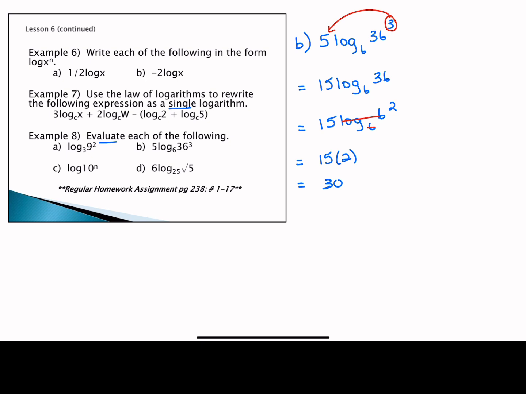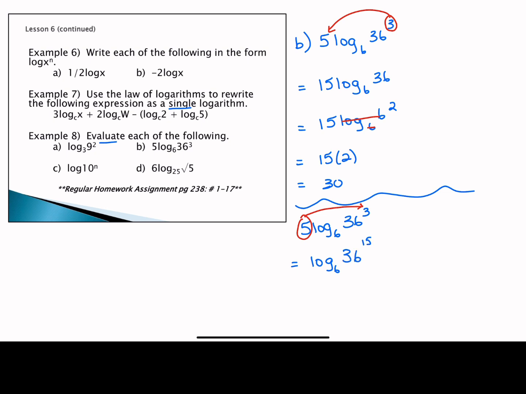Now, if you didn't want to do that, let's say you wanted to take that coefficient and move it in. So I'm going to redo the same question. If we take 5 log base 6 of 36 to the power of 3, what we could do is take this coefficient of 5 and combine it with the existing power on that 36. So this would become log base 6 of 36 to the power of 5 times 3, or 15 here.